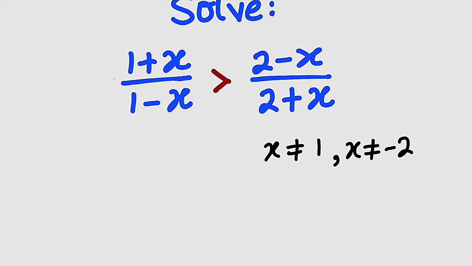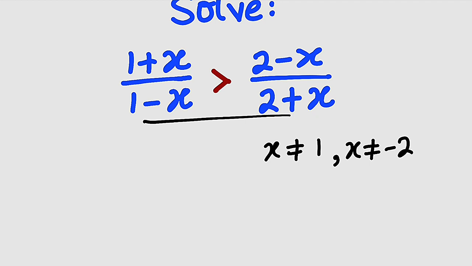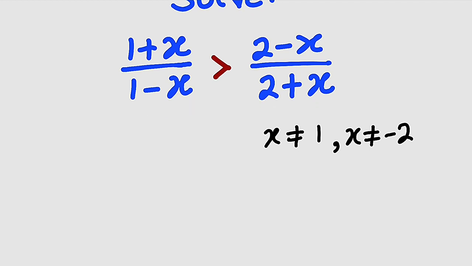So let us multiply both sides of this inequality by the product of these two denominators. So we have (1 - x) multiplied by (2 + x).